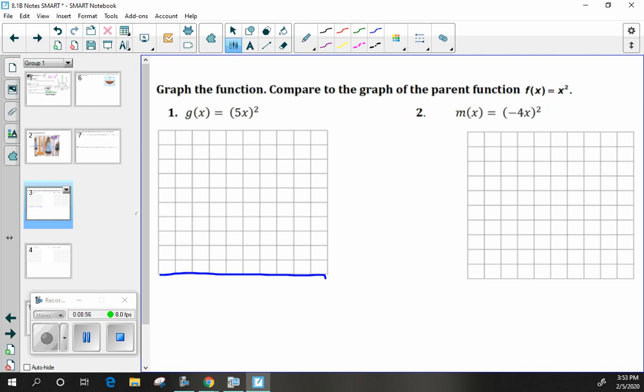I think that's mostly blue. They were in blue yesterday. And we're going to do the same at the bottom. We have -1, -2, -3, -4, and 1, 2, 3, 4. But because our numbers are going to get really, really big really fast, we're going to make this a scale of 5s.